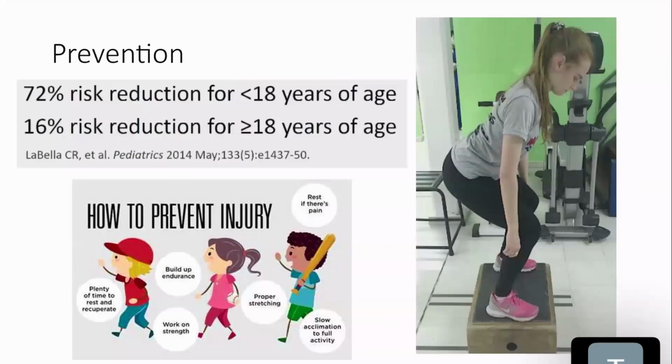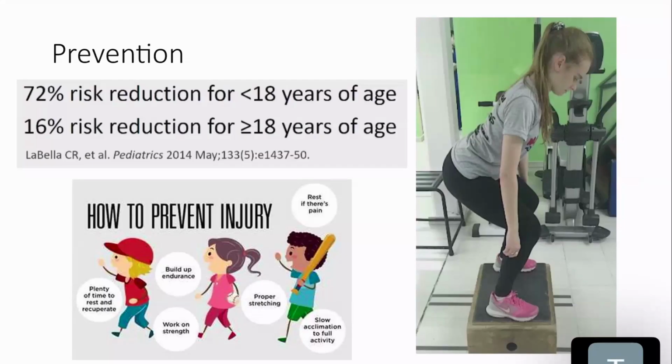So prevention has been found to be helpful. There was a 72% risk reduction found in athletes who are 18 years of age or less, and 16% risk reduction for those 18 years or older. And there was a study that looked at different ways to prevent ACL injuries, and they actually did see a significant difference.